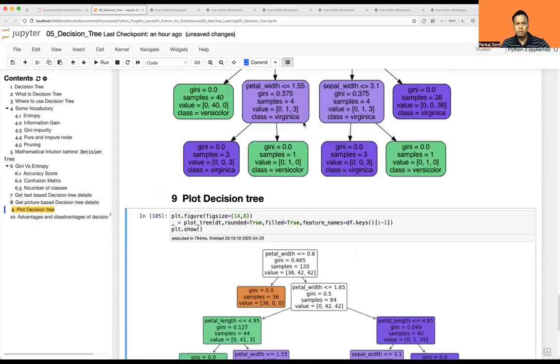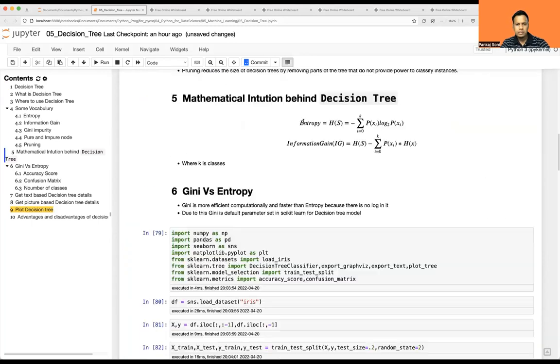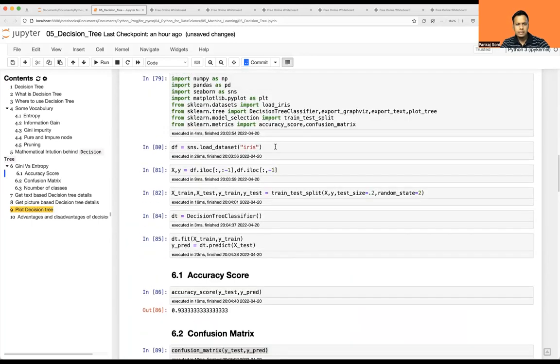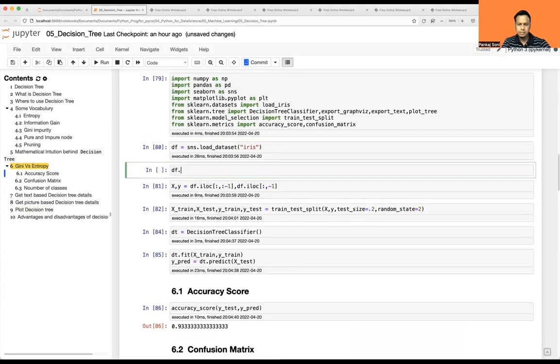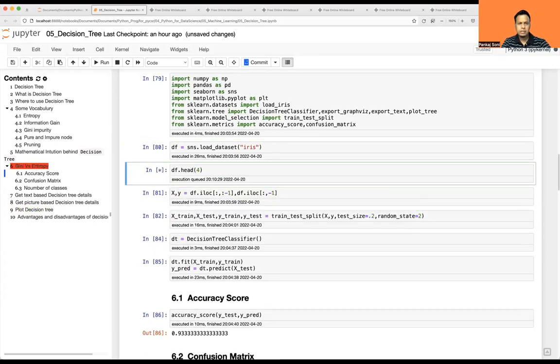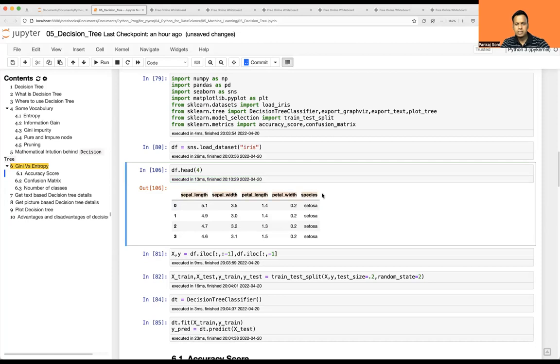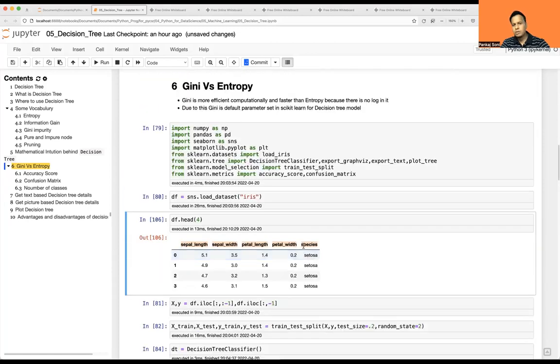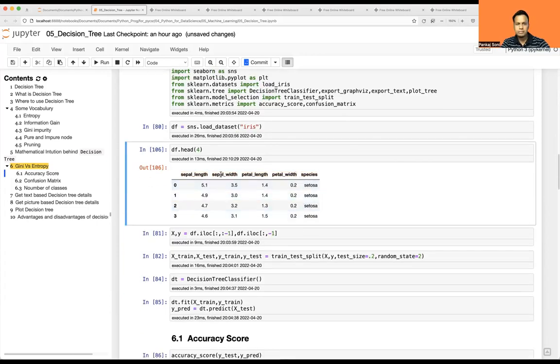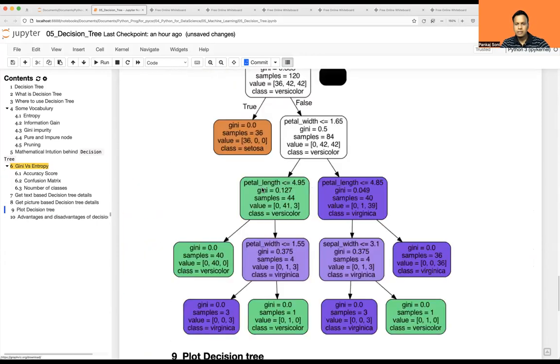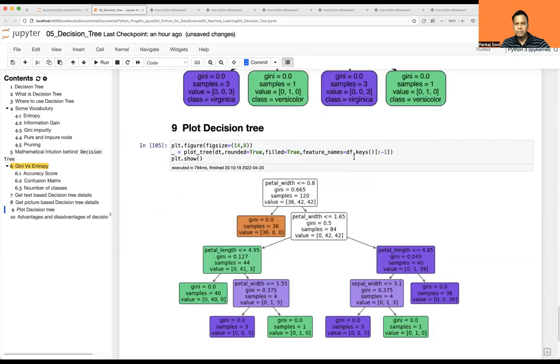Yeah, because my data set, the iris I have loaded, if you load df dot head, these are the feature names. And -1 I gave because species is nothing but the target value, so I have to use only these particular variables. Okay, that's what I gave here.